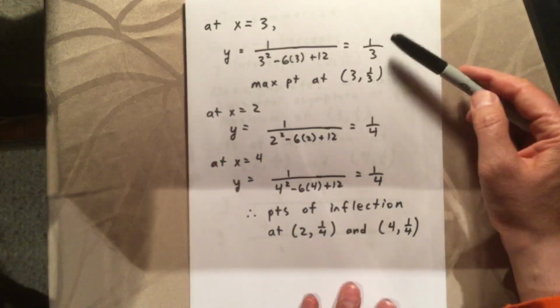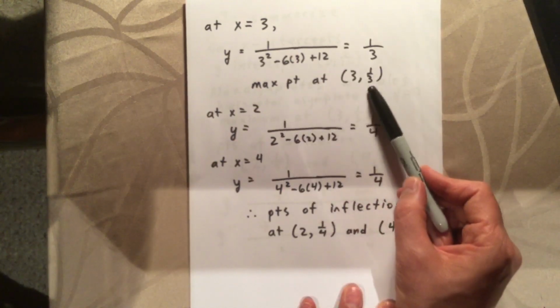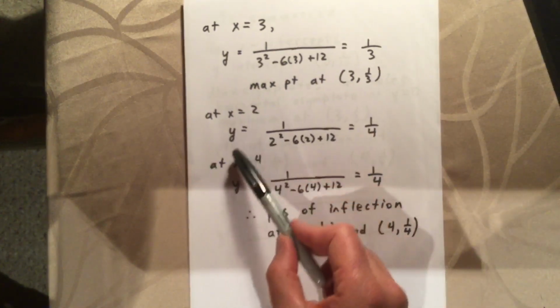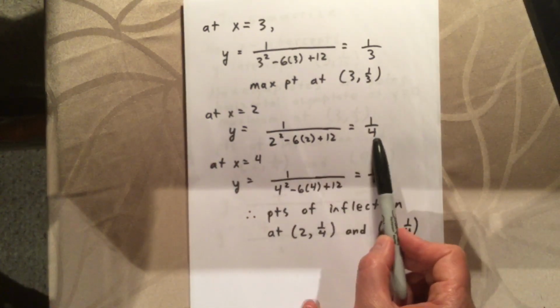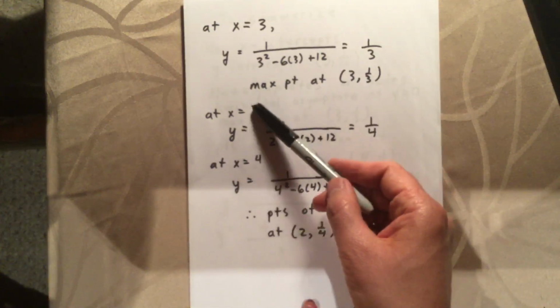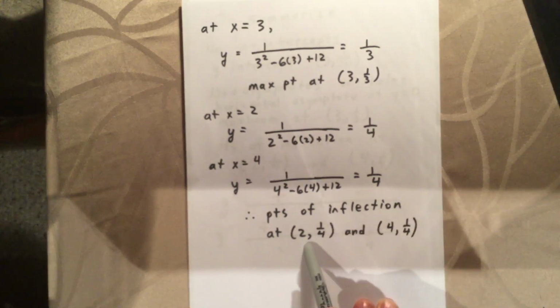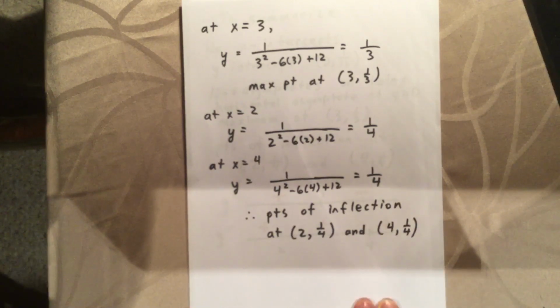Well, at x equals 3, y is equal to 1/3, so we have a maximum point at (3, 1/3). And at x equals 2, y is equal to 1/4, and at x equals 4, y is equal to 1/4. These are the numbers at which the second derivative equals 0. So that means we have points of inflection at (2, 1/4) and (4, 1/4).